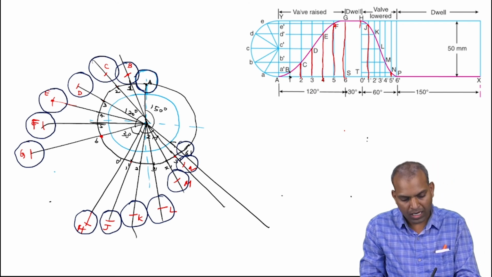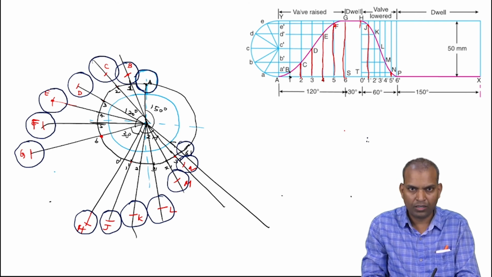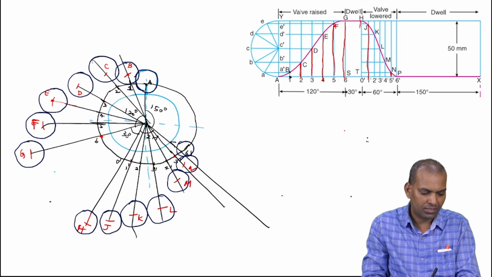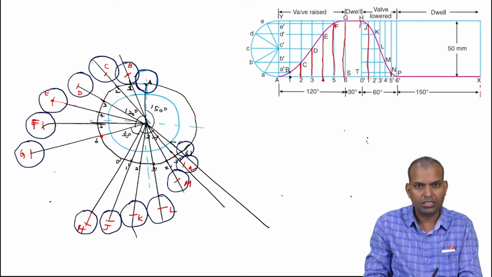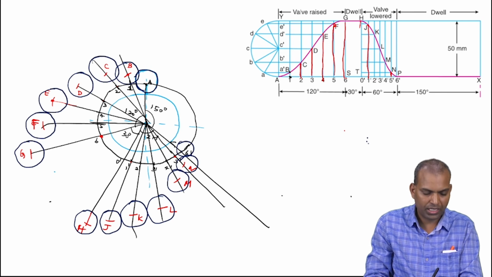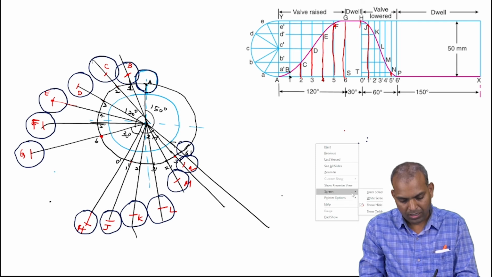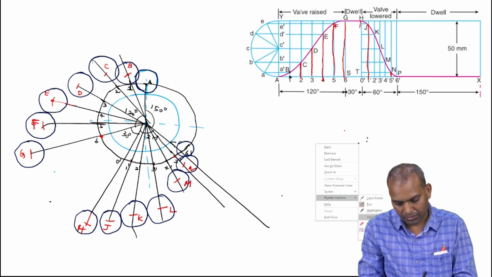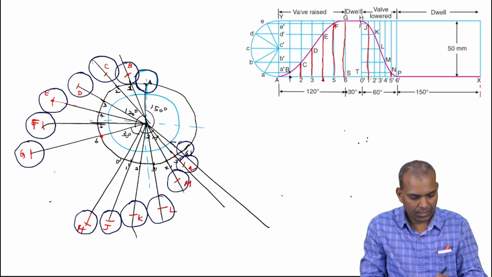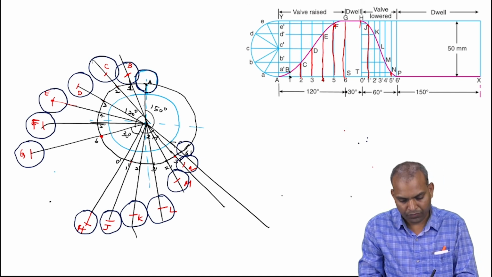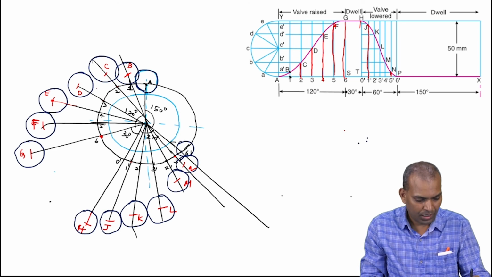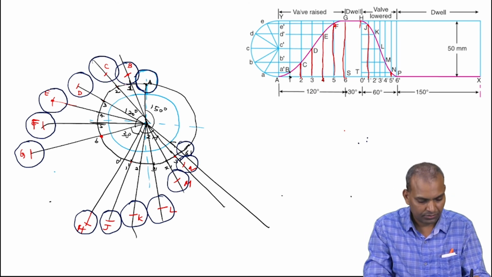So we have to draw a smooth curve by touching the surfaces of all rollers which were drawn here through the centers of A, B, C, D, E, F, G, H, J, K, L, M, N. That curve indicates the follower. Now I am drawing the cam profile.